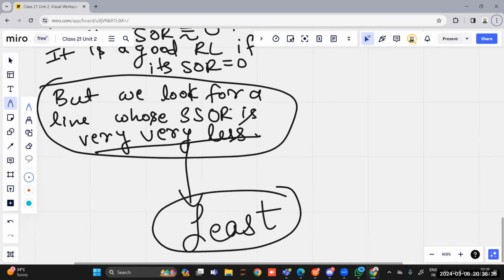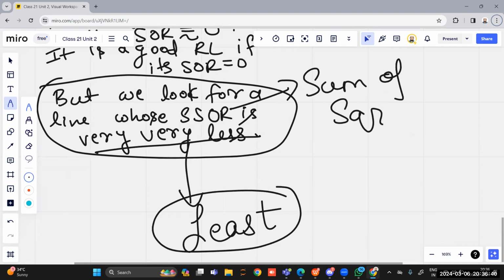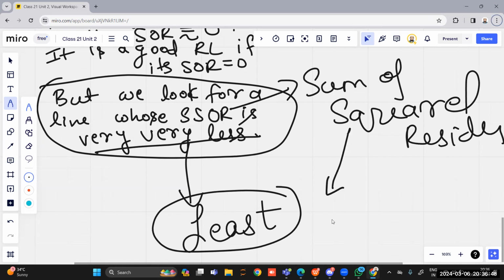And what we are doing in SSOR means sum of squared residuals. So where does the name come from? This square comes from here, least square, and this is regression.